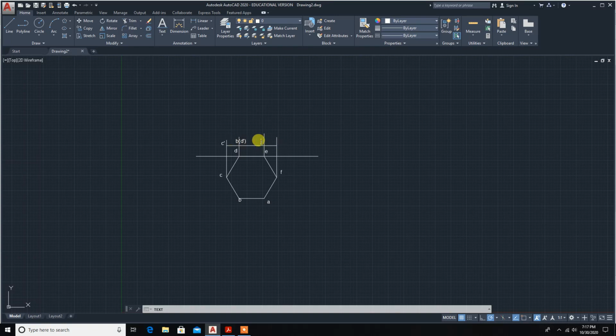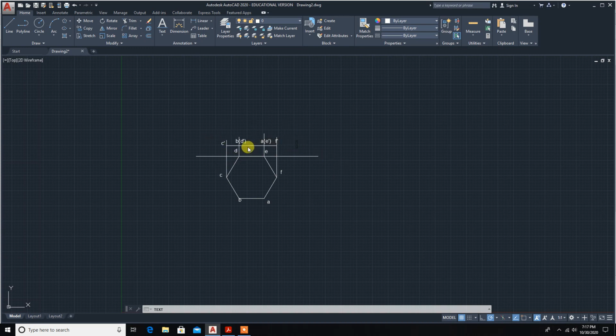Next, this point is A is visible and E is hidden. So inside the bracket, and the next point, and this point is F dash.